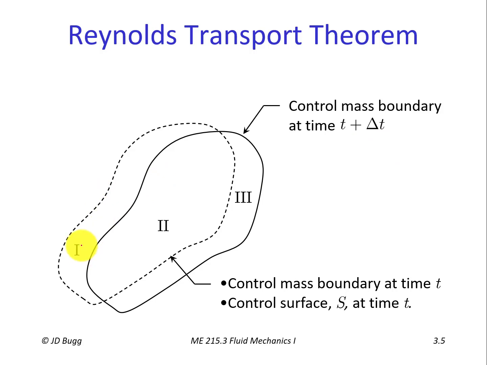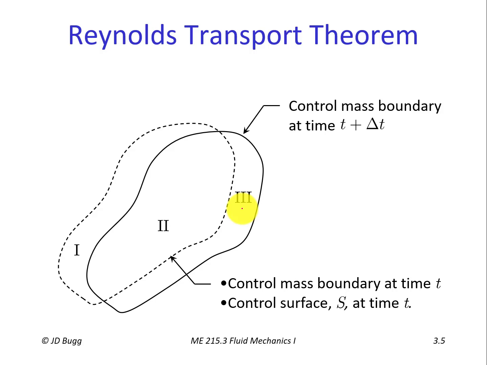Region 1, that material or fluid or B, whatever it happens to be, is in the control volume, but it is not in the control mass. And finally, region 3 is in the control mass, but it is not in the control volume. We're going to see those three regions identified in a little while as we continue to develop the connection between the control mass and the control volume.